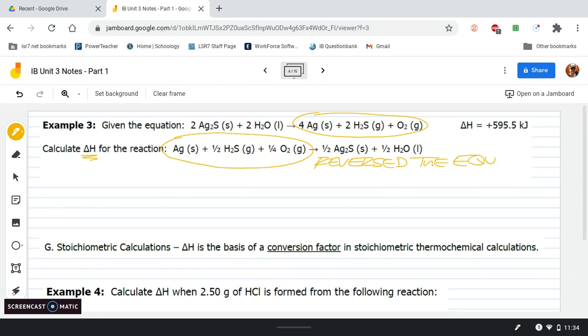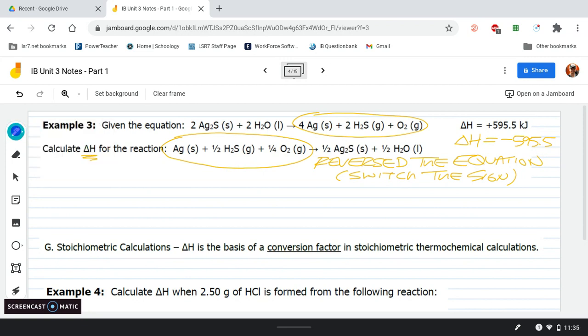We're going to do the same thing to our delta H, which means that we're just going to switch the sign. So first thing we do is our delta H now equals negative 595.5.